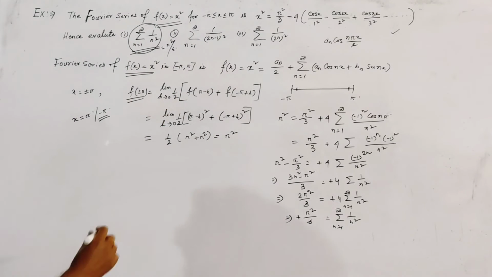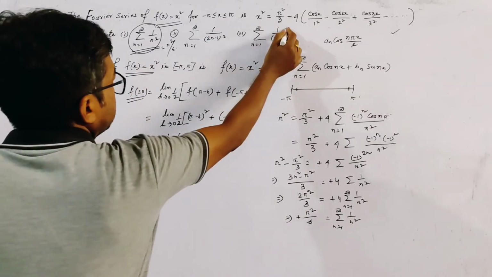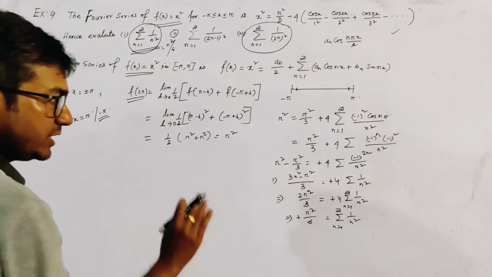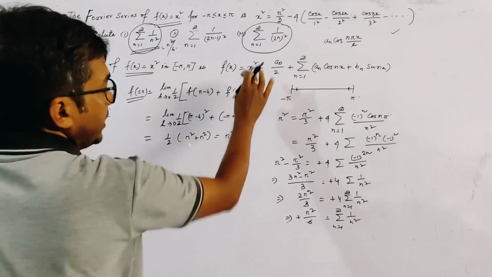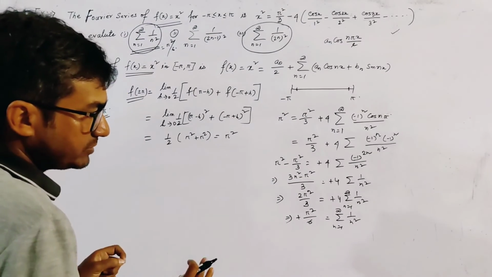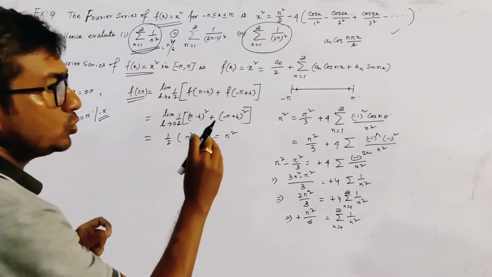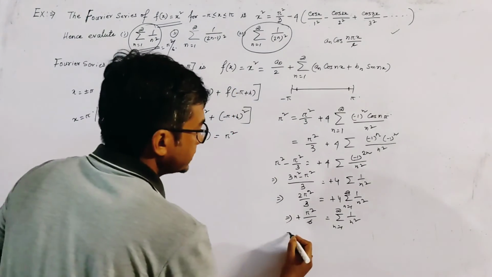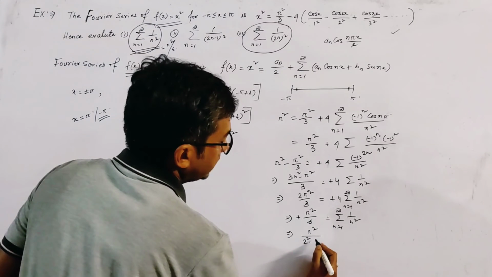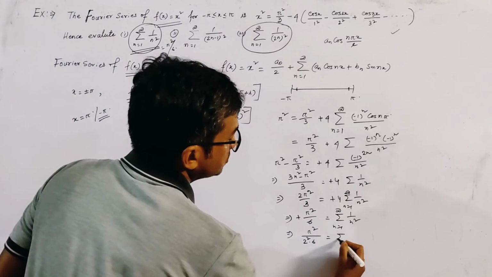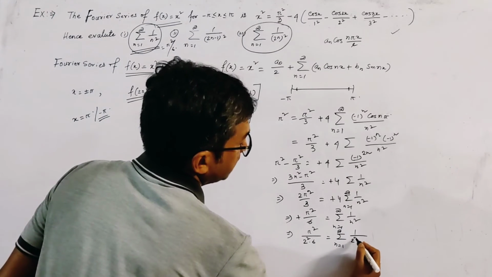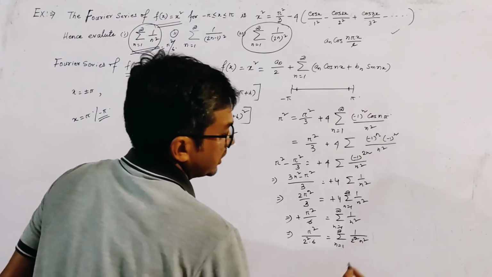We find the value of the last series, the third deduction, very easily by multiplying both sides by 1 by 2 whole square, and we get pi square by 2 square into 6 equal to summation n equal to 1 to infinity 1 by 2 square into n square.